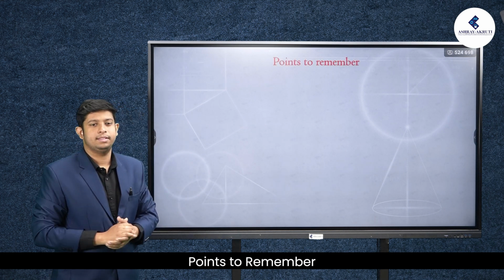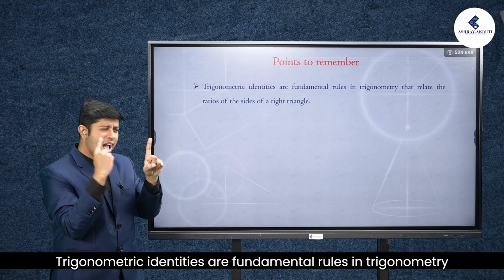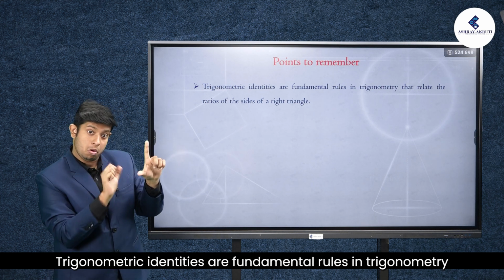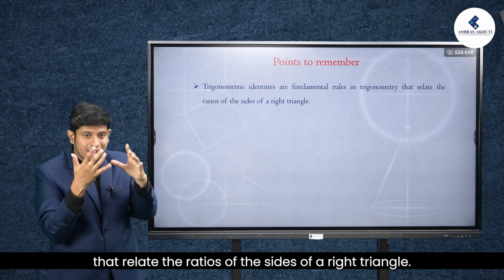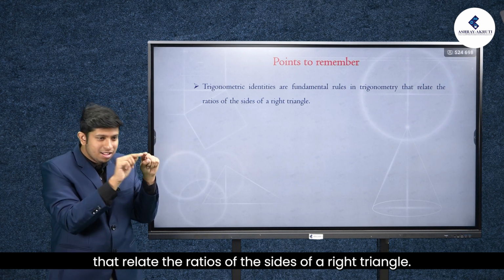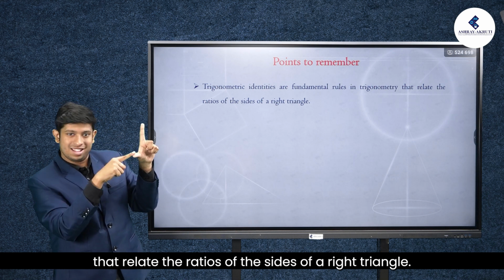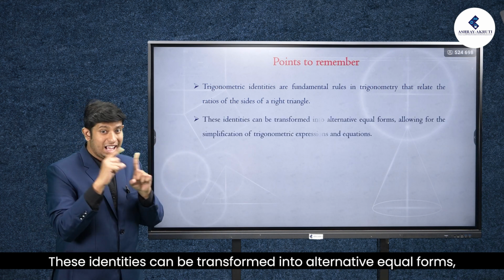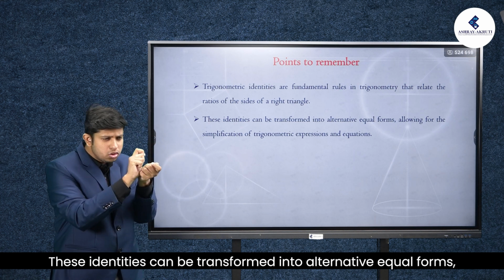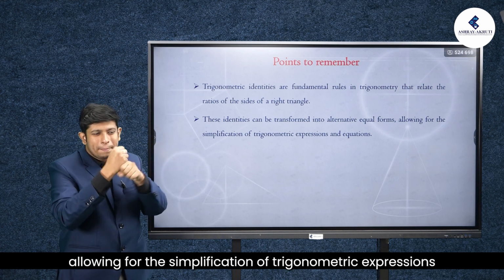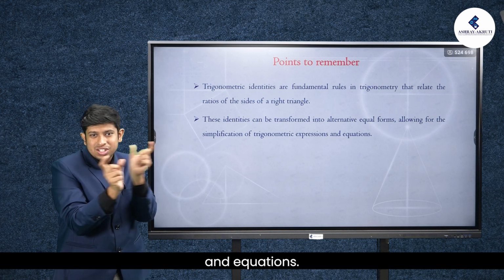Points to remember: trigonometric identities are fundamental rules in trigonometry that relate the ratios of the sides of a right triangle. These identities can be transformed into alternative equal forms, allowing for the simplification of trigonometric expressions and equations.